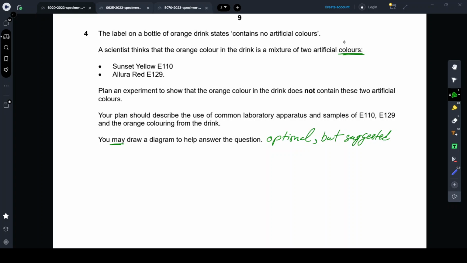Let me put it this way. Colors in Latin, I believe, are called chroma. Does that ring a bell? Which experimental technique will we be using?